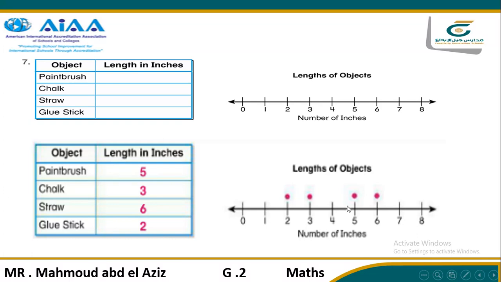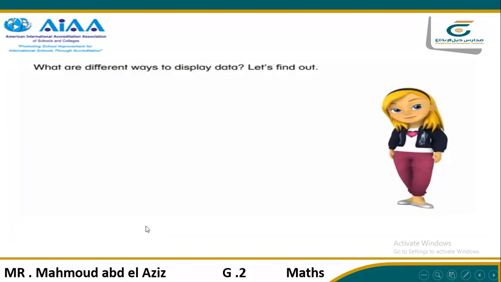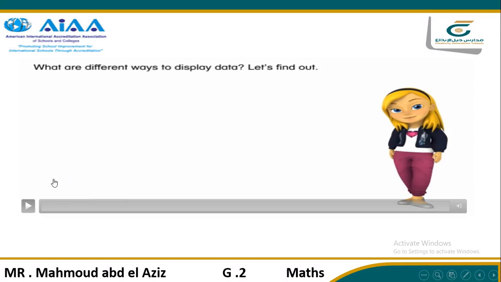And you can answer any question about these objects, like what is the longest object here? You will find its measure is 6. So which one here is the straw? Straw. Another question, what is the shortest object here? It measured 2 inches. So it's what? Glow stick. With another question here or another video.